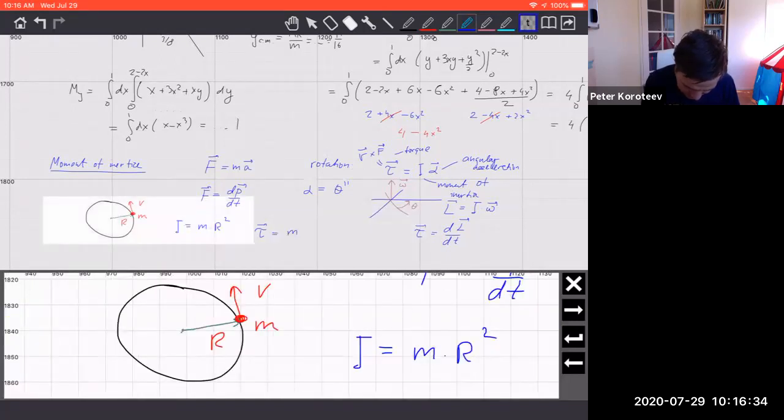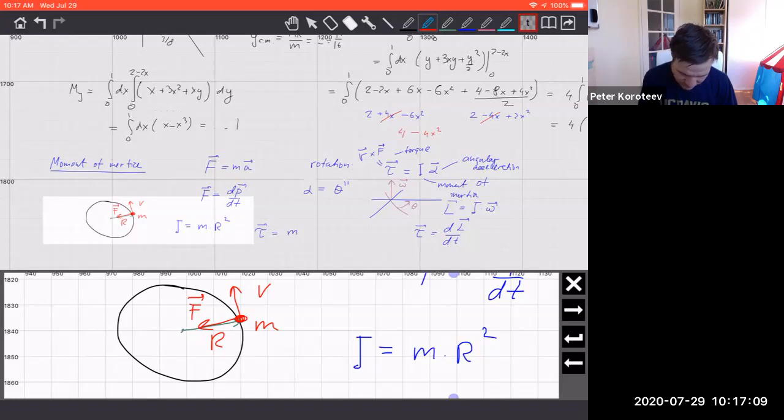If you think of this mass as attached to a string, and you're rotating the string around, then there's a tension force of the string that acts on this mass. Therefore, the force is directed towards the center.